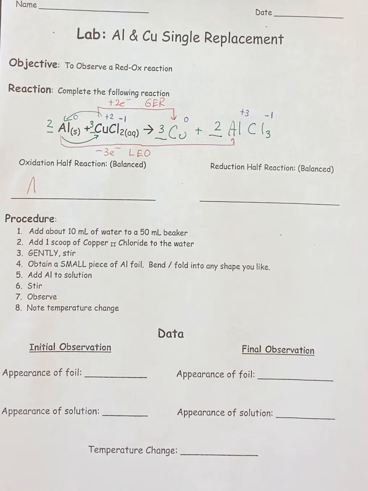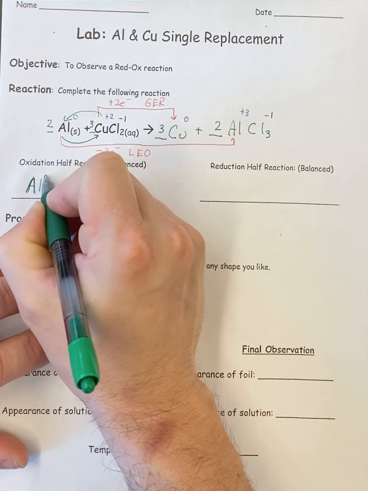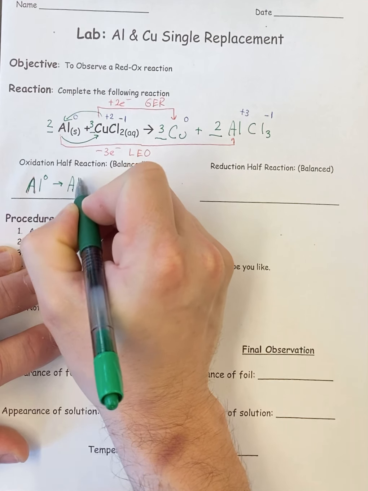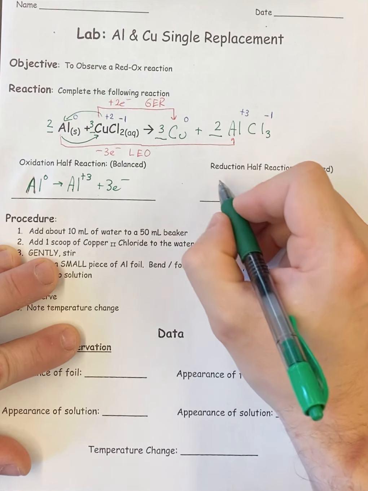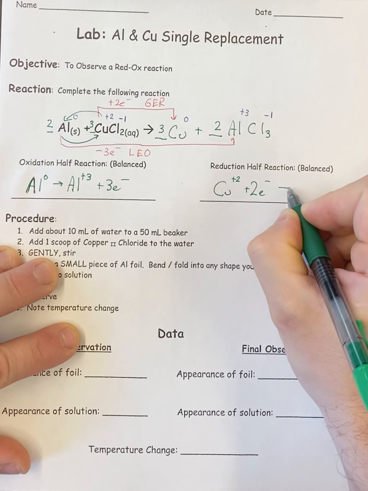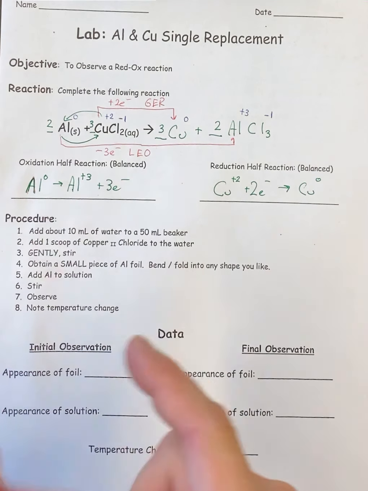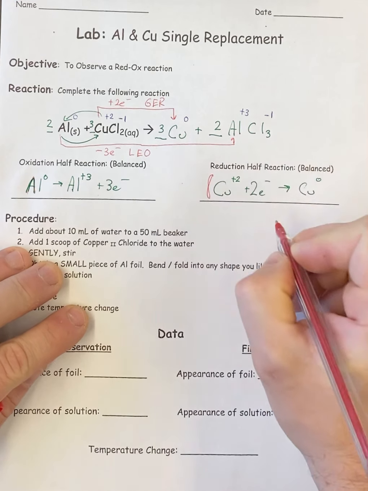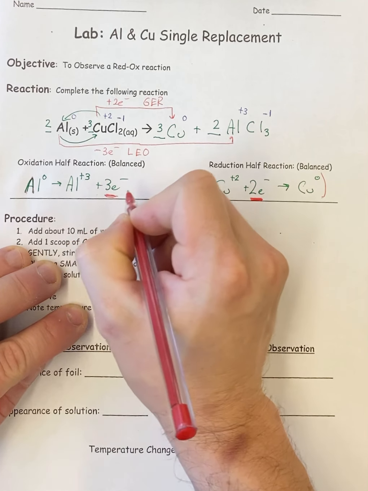So aluminum is going to look like this. I'll use a regular color. And then copper is going to look like this. Now to balance these, we would go in and put in multipliers to make the electrons gained, this number, be the same as the electrons lost.